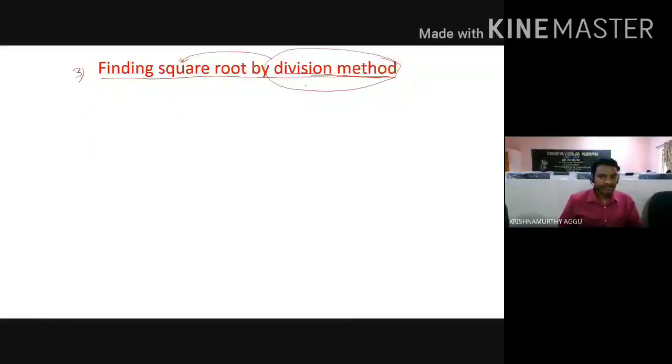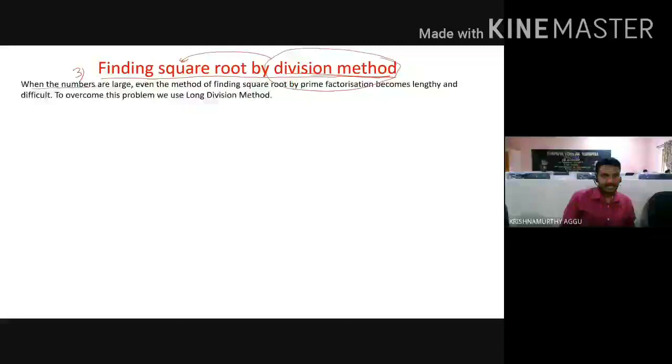If bigger, large numbers are there, it is a time-taking and hard process to find the square root of a given number by using those two methods. That's why this method was introduced. When the numbers are large, even finding the square root by prime factorization becomes lengthy and difficult. To overcome this problem, we use the long division method.